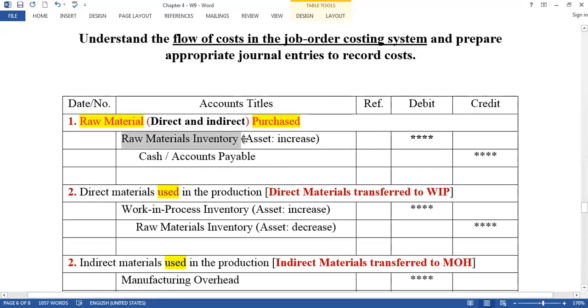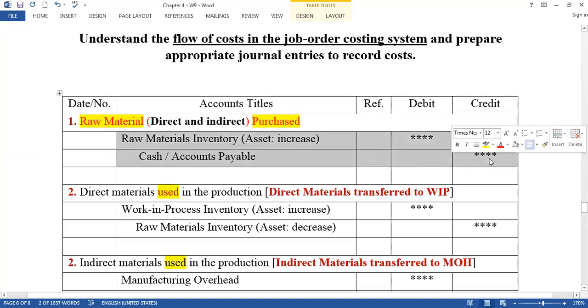That's why raw materials inventory debit. Why raw materials inventory debit? Because you purchase it, right? So your raw materials increase. Now, if you pay cash, you have to record cash credit. If you do not pay cash, you have to record accounts payable credit. Do you understand the journal?